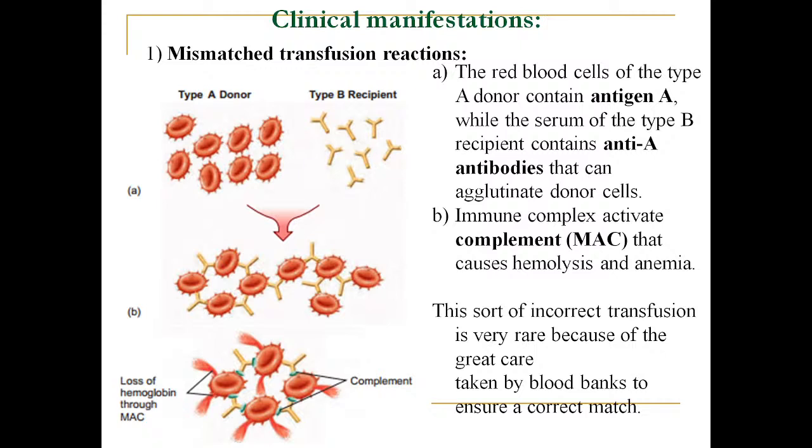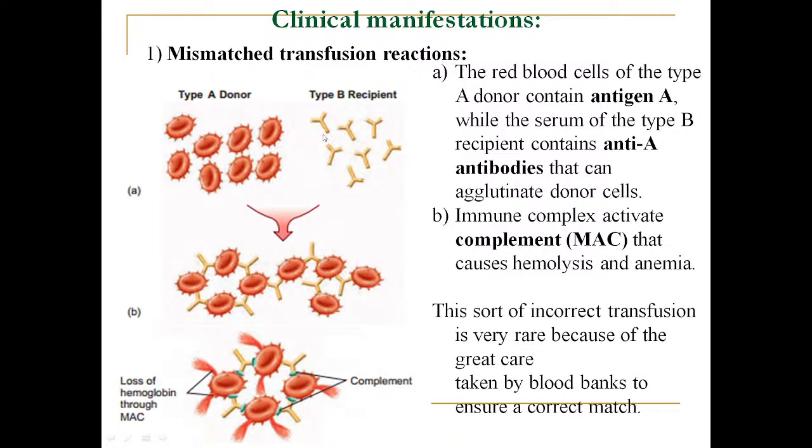How does it happen? The red blood cells of type A, as I have just explained, contain antigen A on the surface, while serum of type B contains antibodies against type A, antibodies that bind to this antigen.